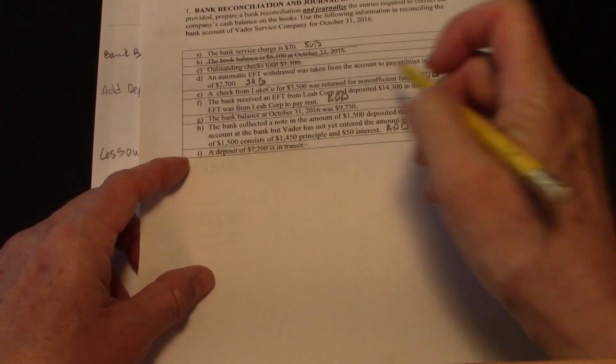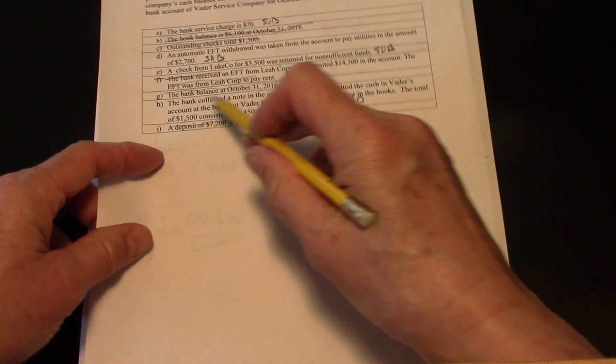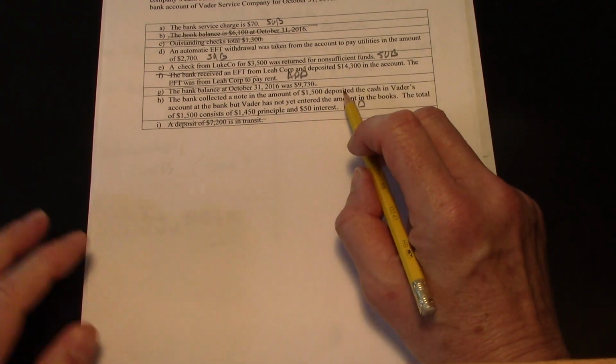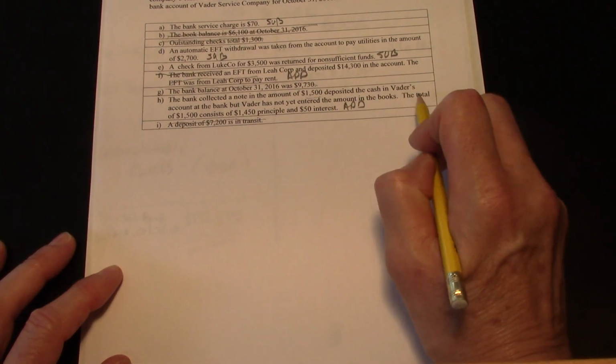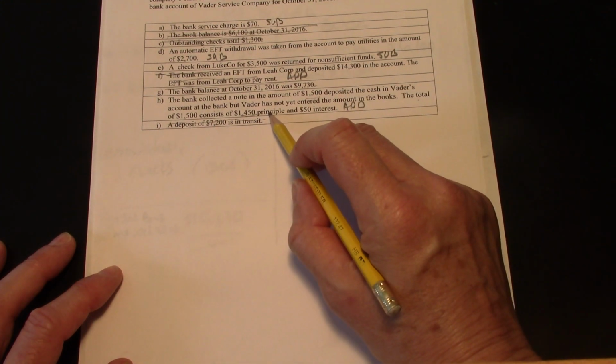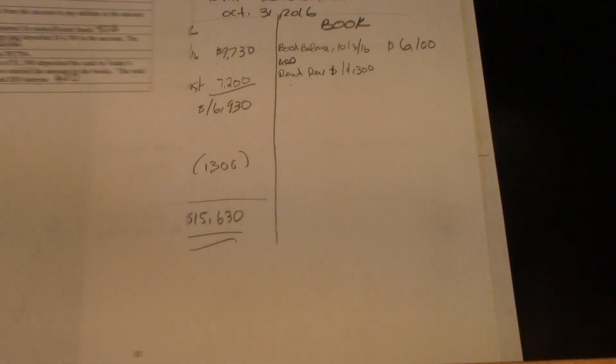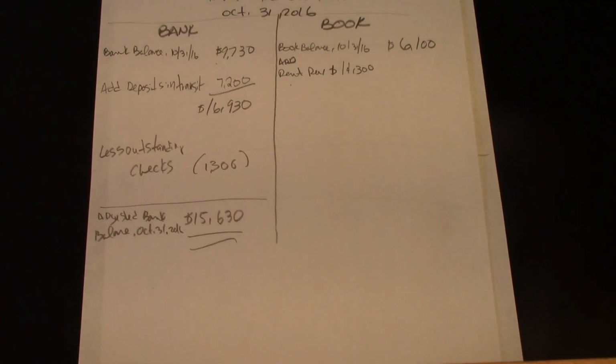All right, so we did that. And we also are going to add this 1,500 cash. 1,450 is from a note receivable, and 50 is interest revenue.